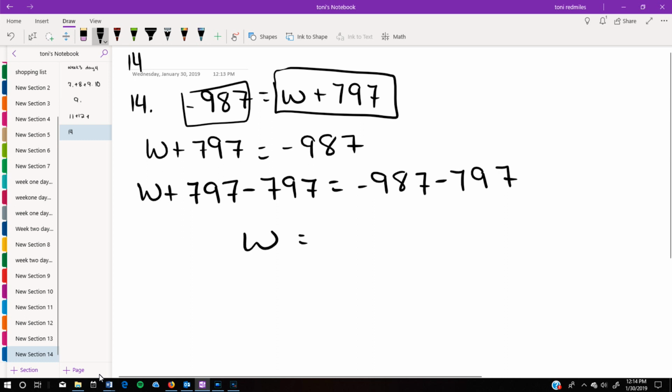That means I'm going to add these and take the negative sign, which is going to give me a negative 1,784. Let's try to fit 15 on here.